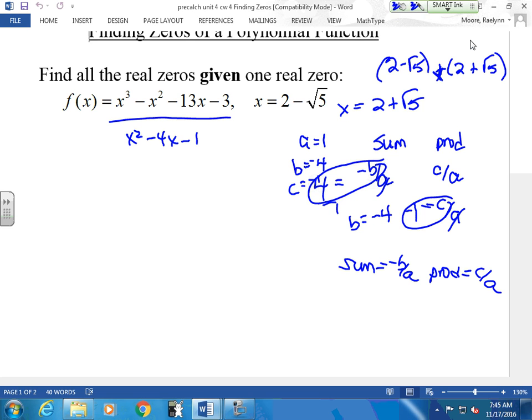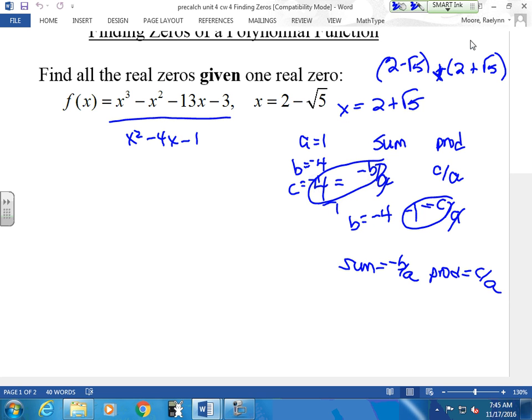Since we had one equation with two variables, we let a equal 1. Therefore negative b is 4, so b is negative 4. We did the same thing with the product. The product of those two came out to be negative 1. We already got rid of a, so c is negative 1. We did this last maybe Monday, last week sometime.